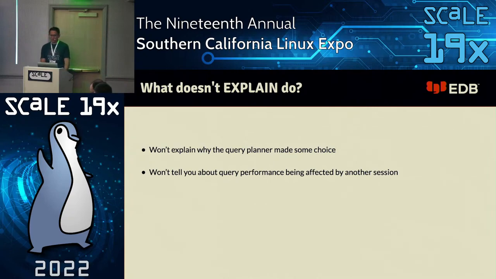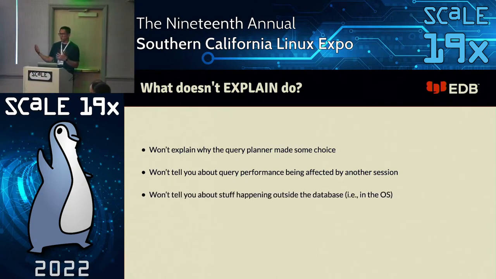It also won't tell you about a query's performance being affected by another session. So if you have some locking going on through another session, it won't say, hey, this other query is blocking you and causing your query to be slow. It also won't tell you about stuff that's happening outside the database.